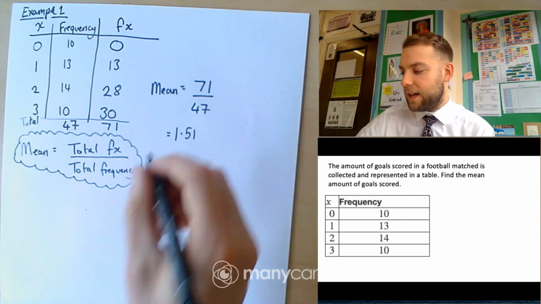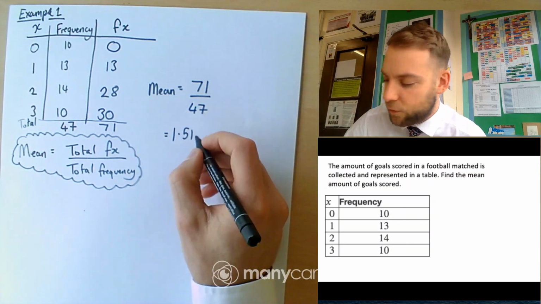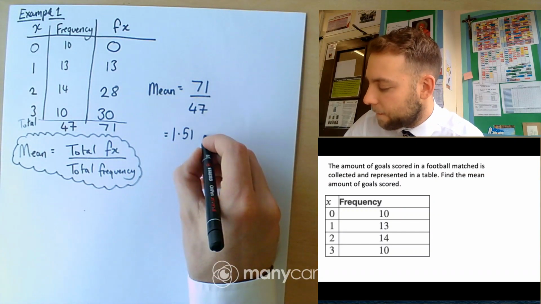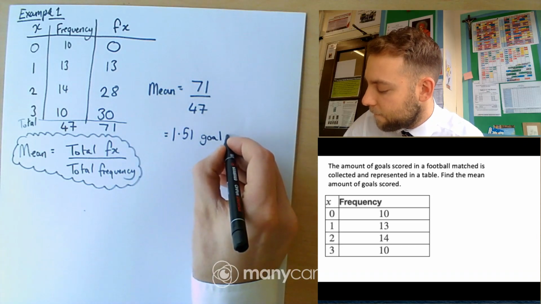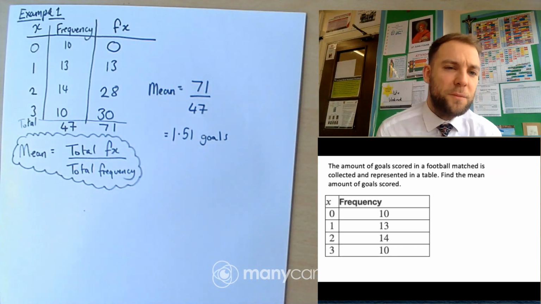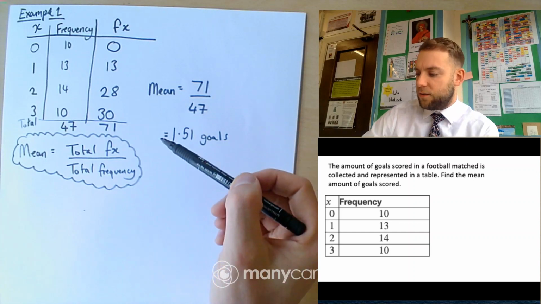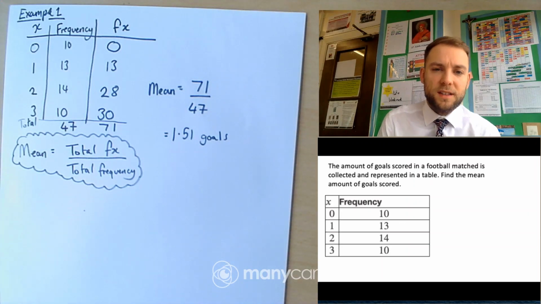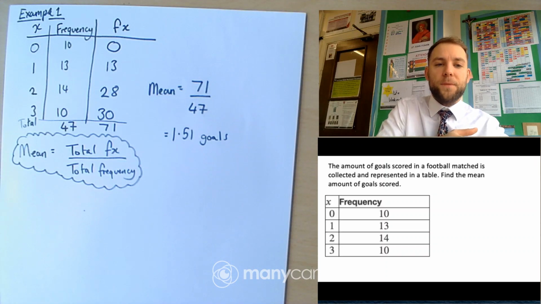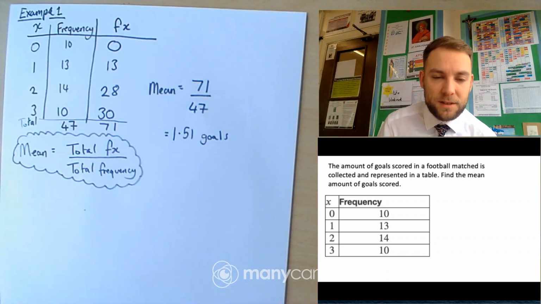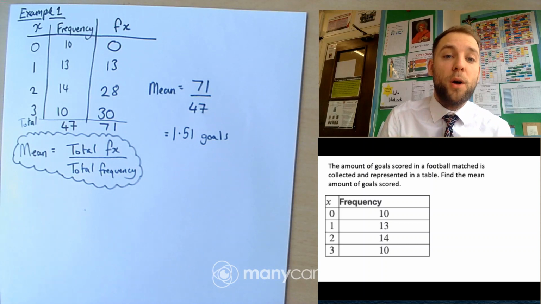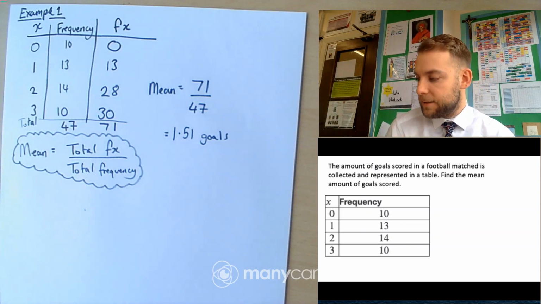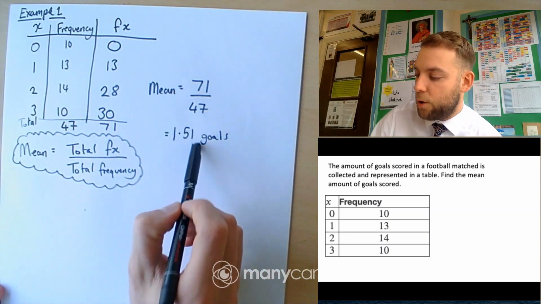So this here is the mean amount of goals scored. Now it's worth noting at this stage, some people say, well, that's 1.5 goals. How can you score 1.5 goals? But because this is over 47 games, this is the average amount of goals per game. Okay, so this is the average amount of goals per game.